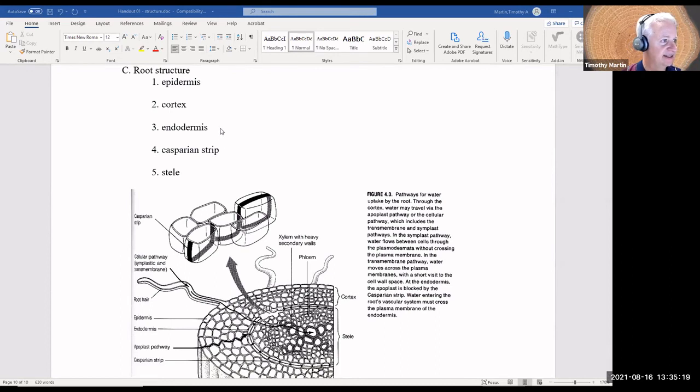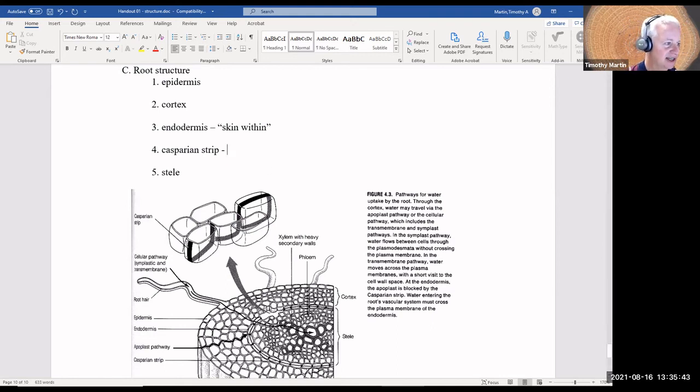And then there's a layer called the endodermis. Endodermis just sort of means skin within. It's a skin within the root system. And the endodermis is a layer of cells that contain the Casparian strip.